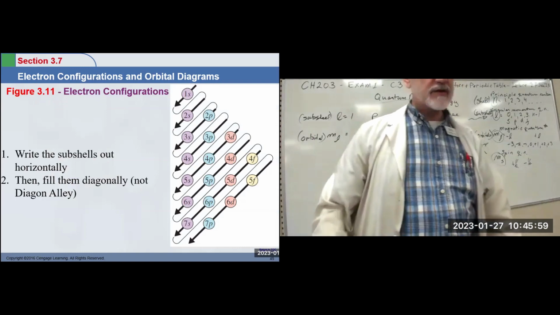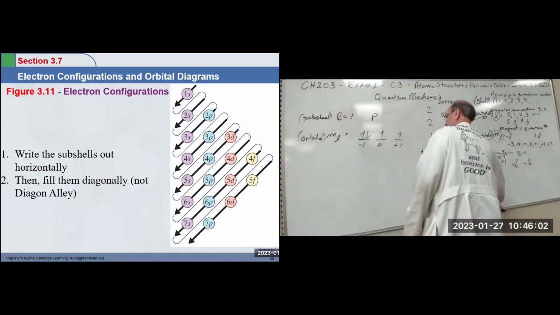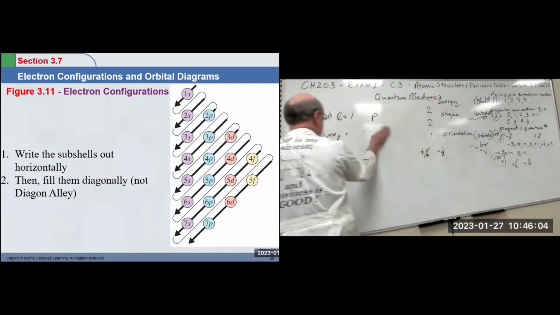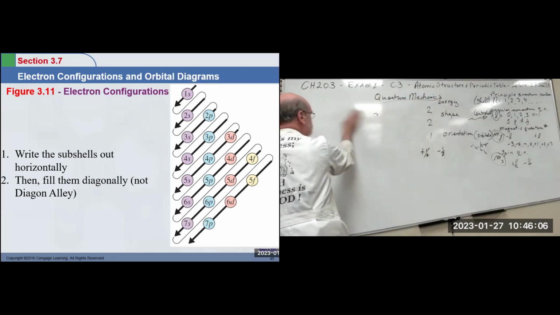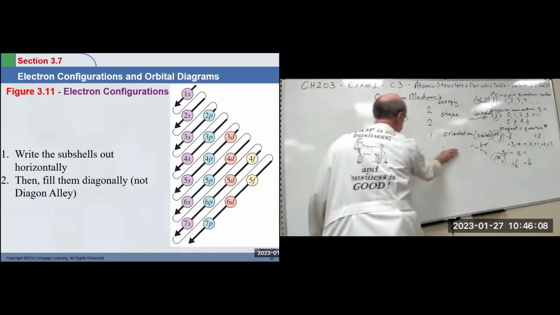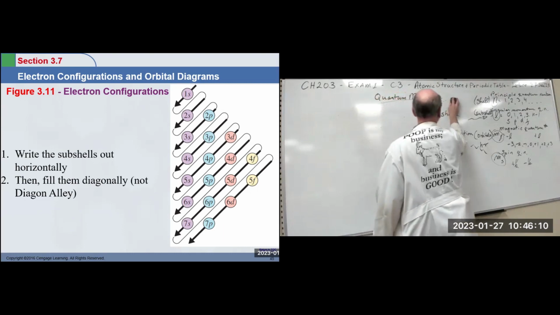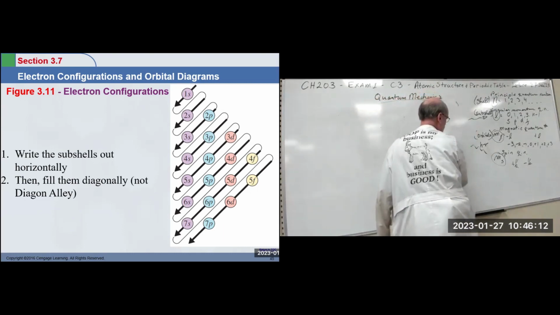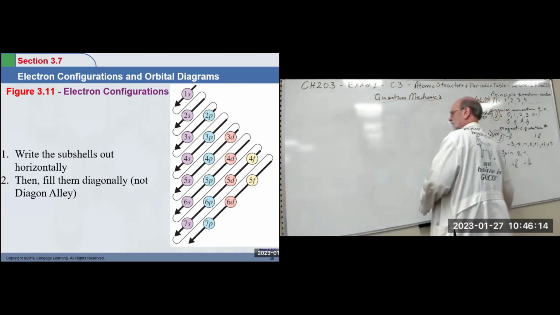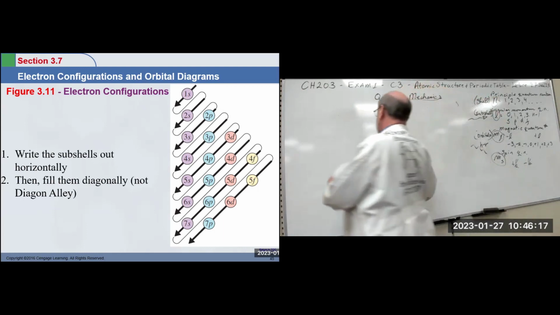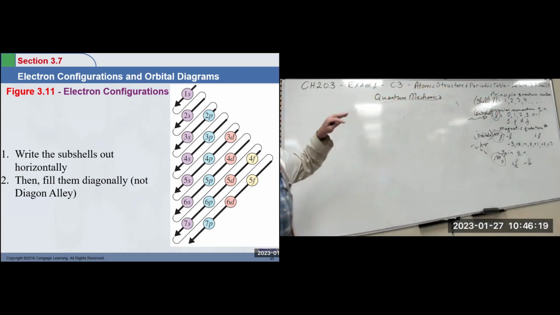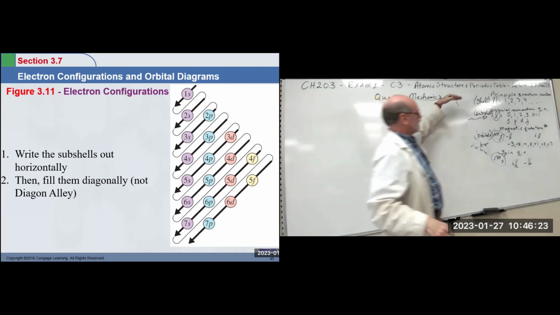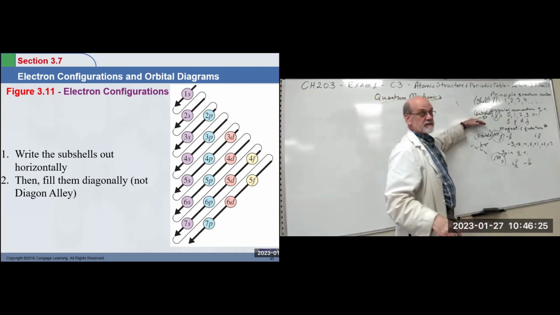Okay, so here's how we do it. If you don't have the periodic table, then this is how it works. When we write the electronic configuration of an element, we're going to use these numbers and these letters.